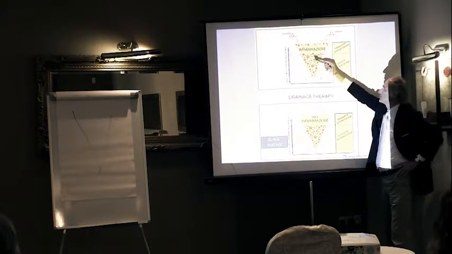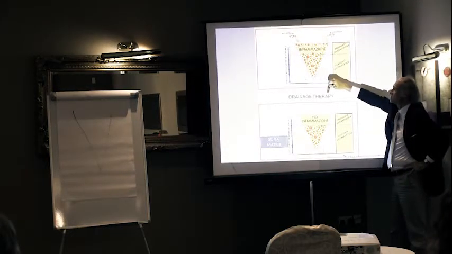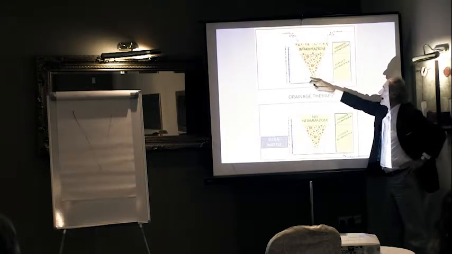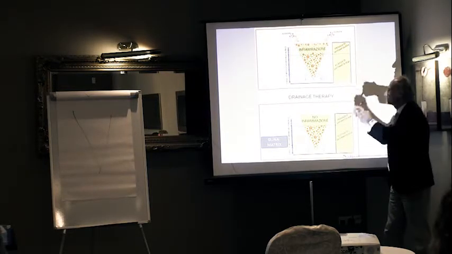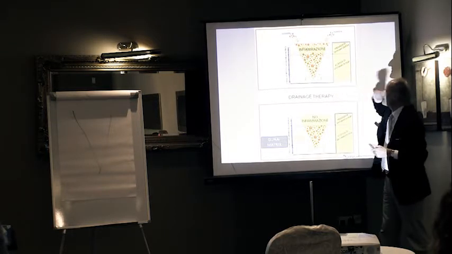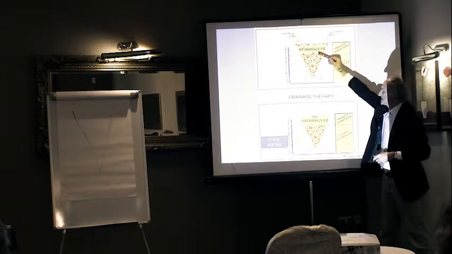But the problem is that when you trigger the inflammatory process, you also have symptomatology. In this case, I try with this picture to show you that if you don't have a good drainage, if you don't have faucets working well, you start inflammation.